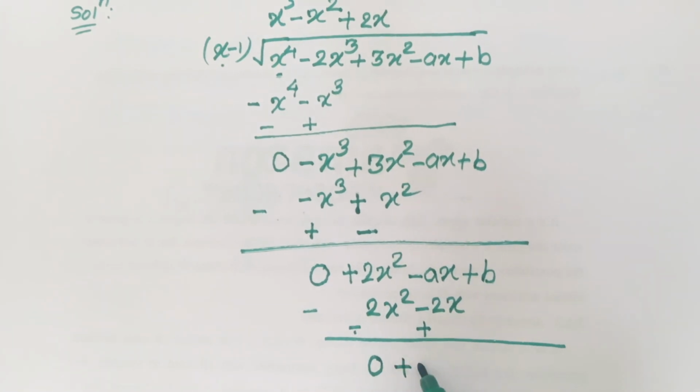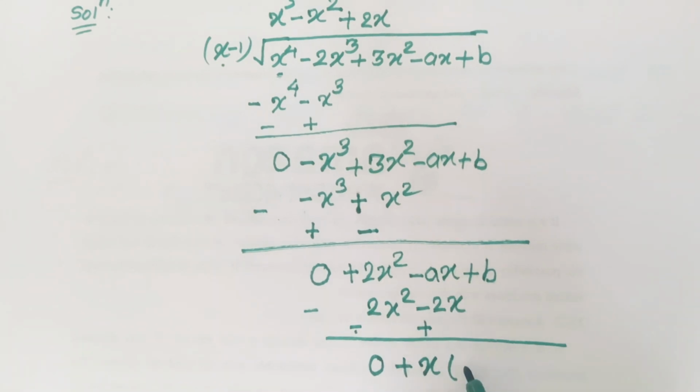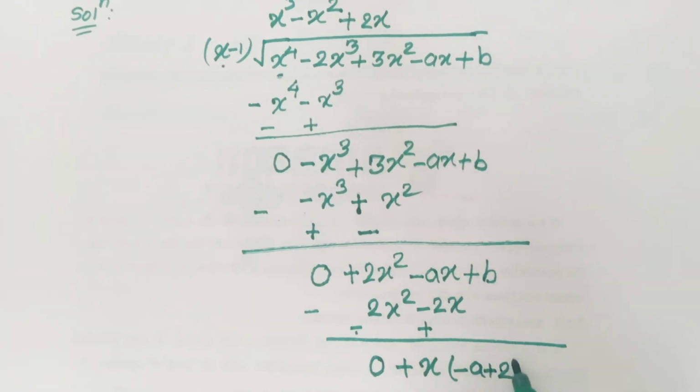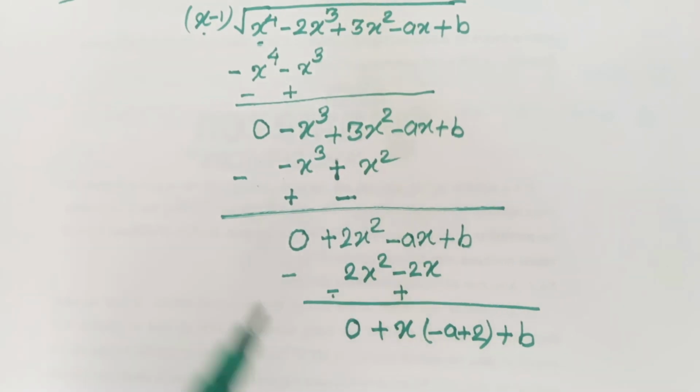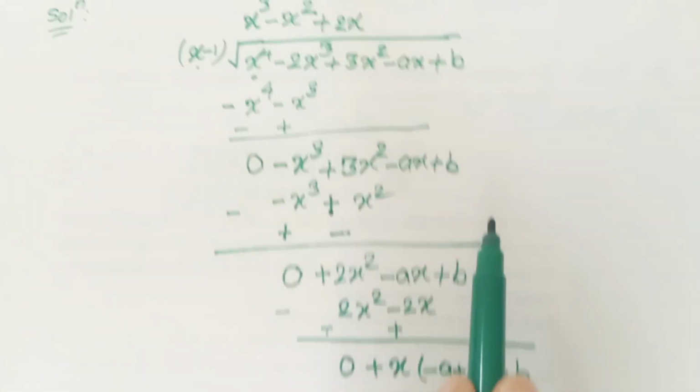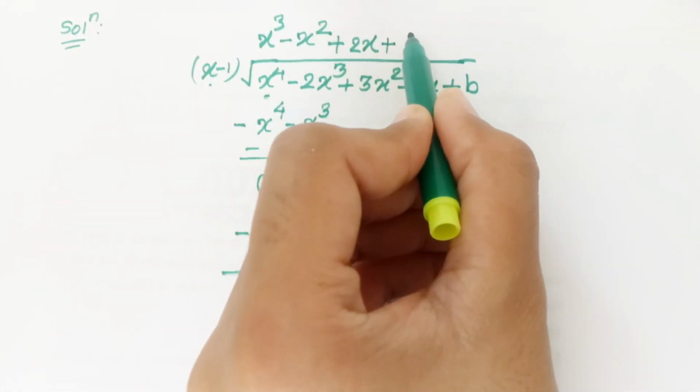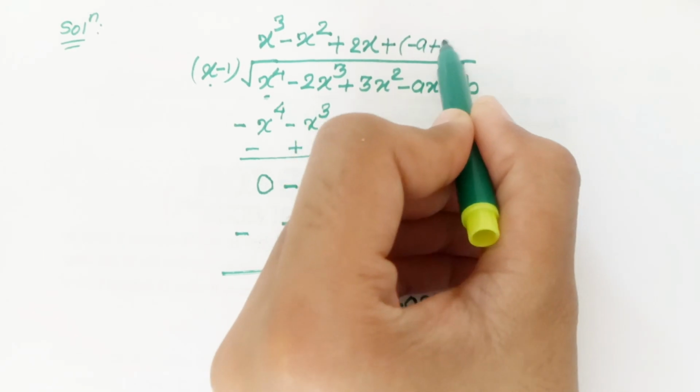For that you have to take x common. If we take x common, then the first term remaining is minus a, and the second term remaining is plus 2, because the sign is plus, and next is b as it is. Now x into (minus a plus 2), again you have to divide, and for that multiply this term by minus a plus 2, so the new term is minus a plus 2.